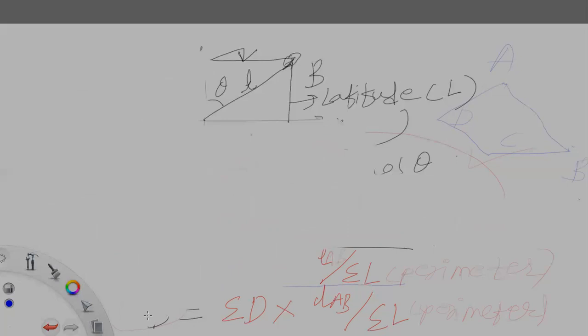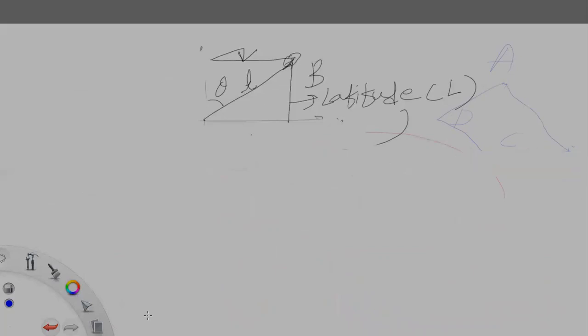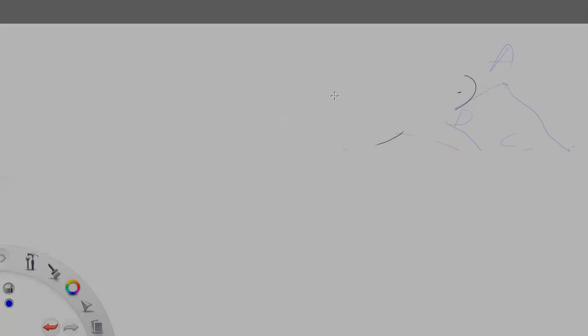Once the concept of the table is clear, it will be very easy for you to understand the various new terms. There are not that many new terms, only latitude, departure, correction to latitude, and correction to departure. So now I will discuss the table.